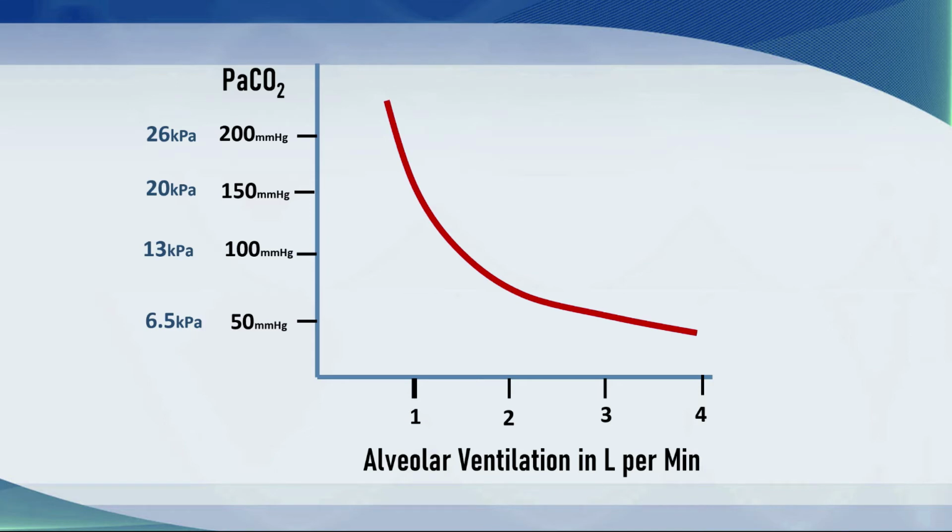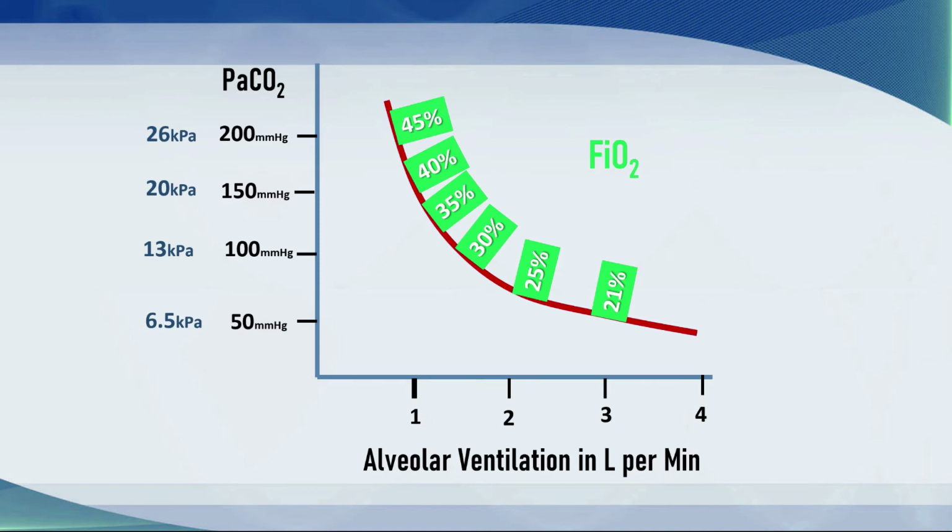Because the alveolar CO2 content rises, oxygen is displaced and a higher FiO2 is required to maintain an adequate alveolar to arterial oxygen gradient. Let me show you the required FiO2 at each level of alveolar ventilation required to achieve this. So here we are, 21, 25, 30, etc.